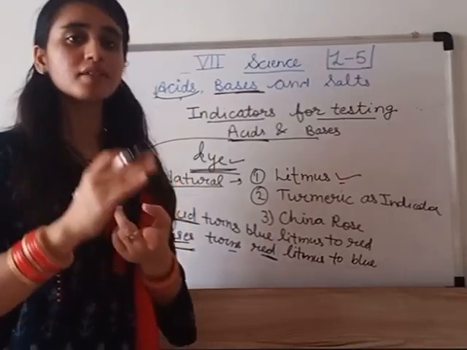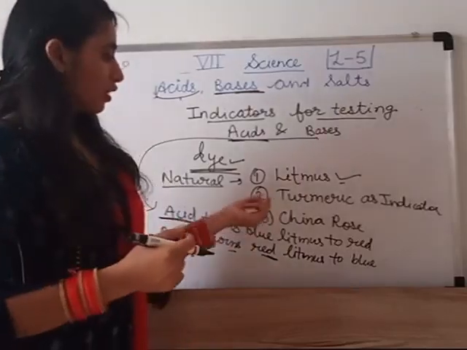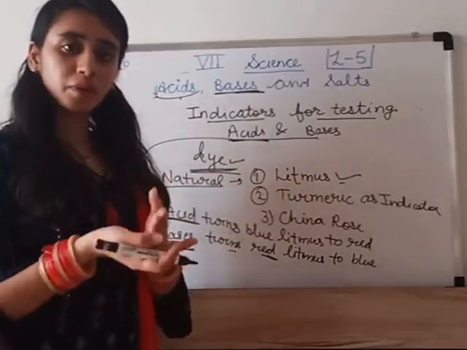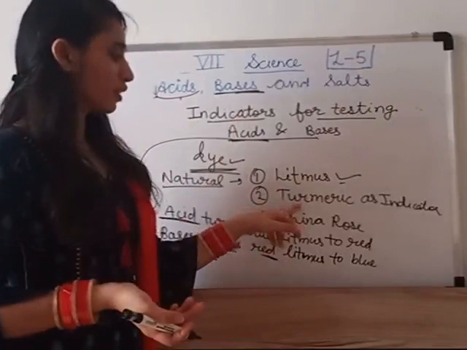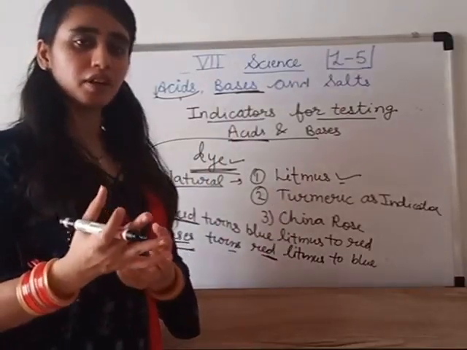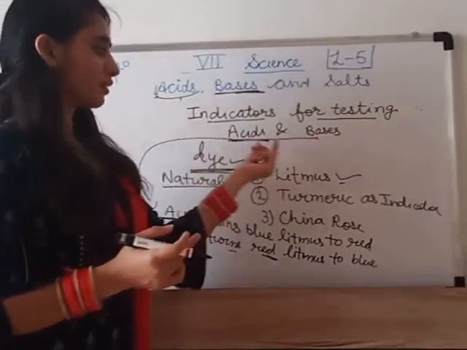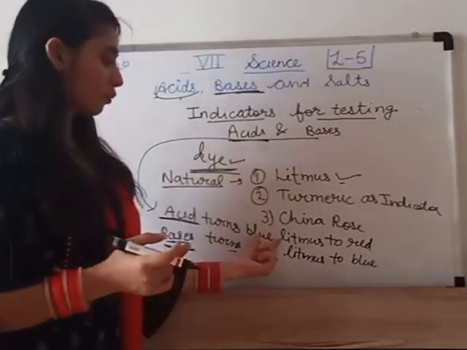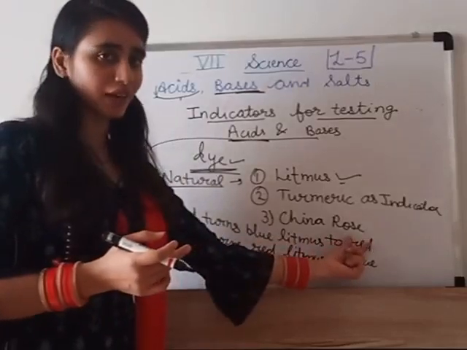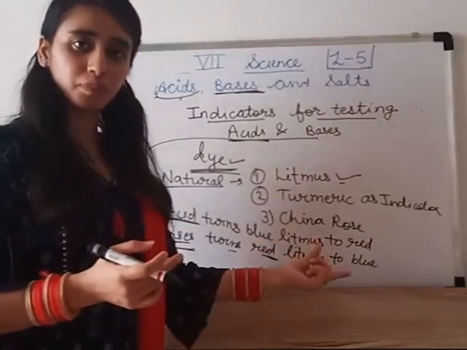After that we prepare a litmus paper with the help of turmeric, means haldi. Understood? So one property of acid and base is that acid turns blue litmus paper to red color and bases turn red litmus to blue.